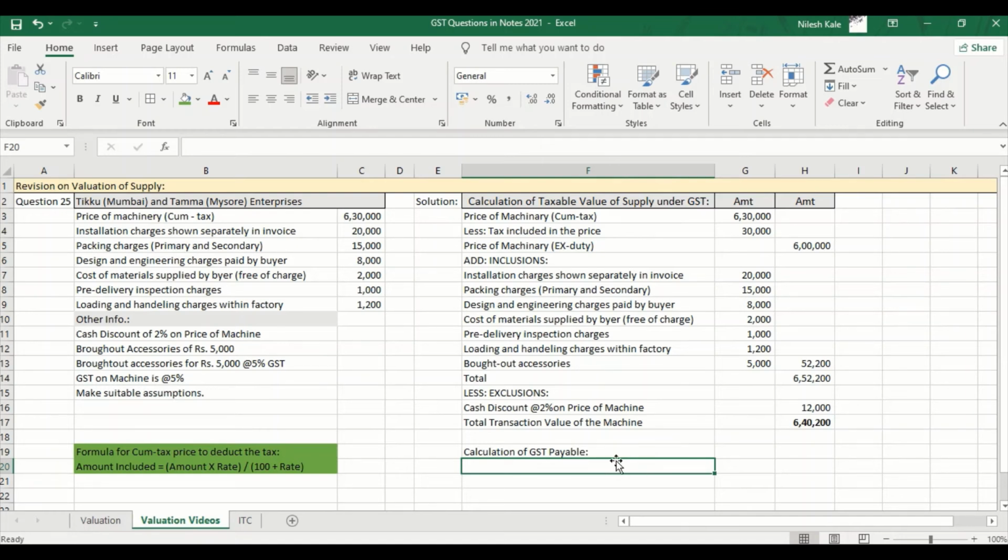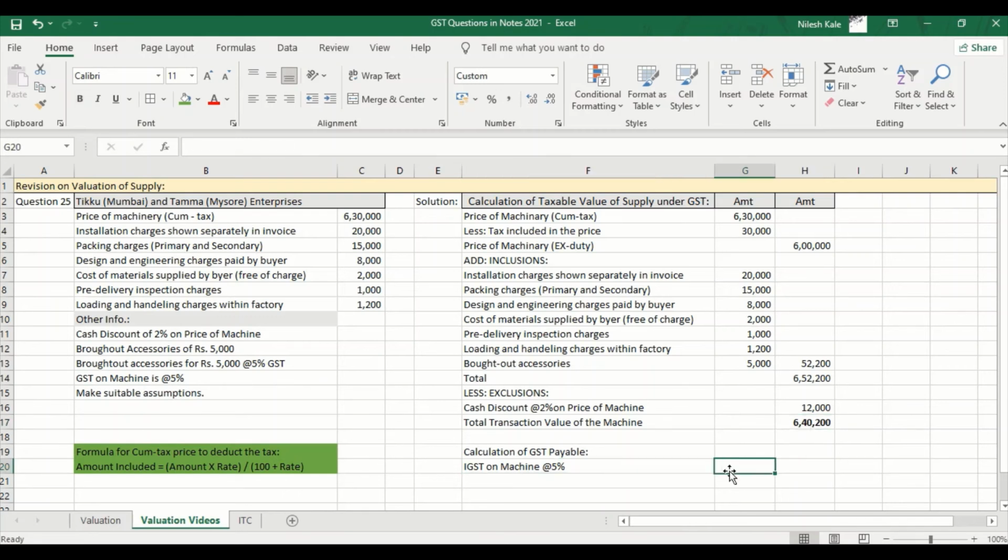Now calculation of GST payable. What kind of GST is applicable here? From Mumbai to Mysore it has gone, right? It means it is IGST. IGST on machine at 5% is equal to how much? 6,40,000.